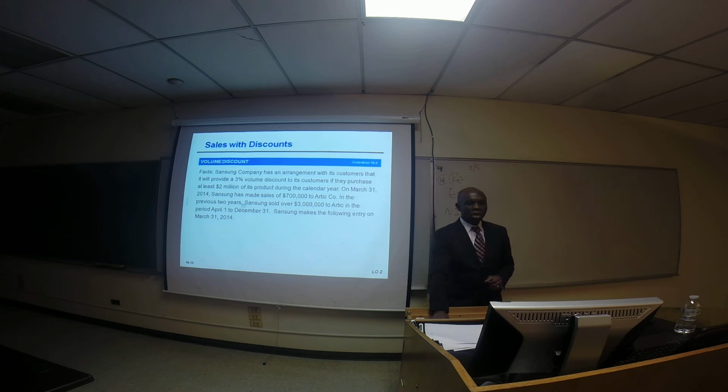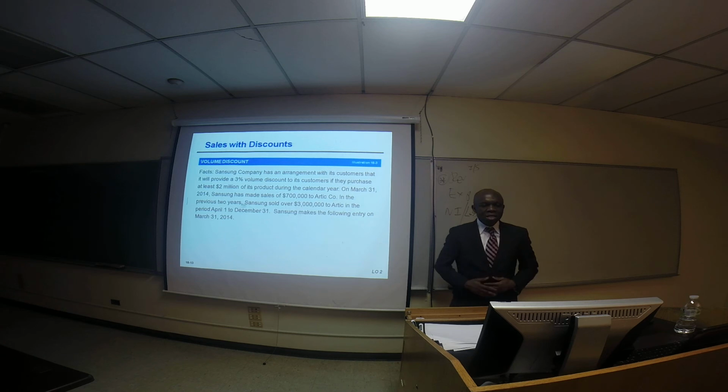Now, let's take a look at an example of sales with discount. Here are the facts. X company has an arrangement with its customer that it will provide a 3% volume discount to its customers if they purchase at least 2 million of its products during the calendar year. On March 31st, 2014, X has made sales of $700,000 to A. In the previous 2 years, X sold over 3 million to A in the period April 1st to December 31st.